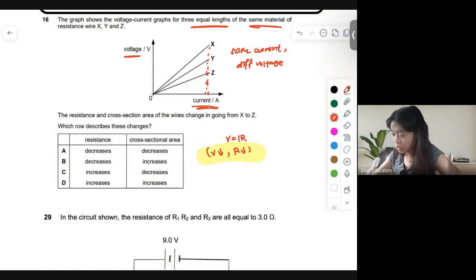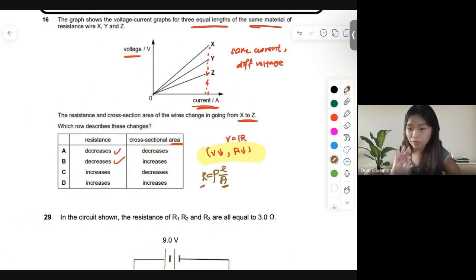In this case, X to Z, the voltage decreases, so my resistance decreases. Does my resistance decreasing mean my area increases or decreases? You can sub in values into R equals rho L over A to find out whether a smaller area gives higher or lower resistance, but because of time constraints I'll just let you know. You can memorize it if that's easier.